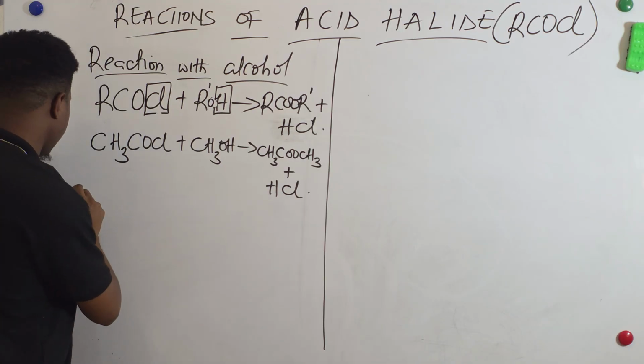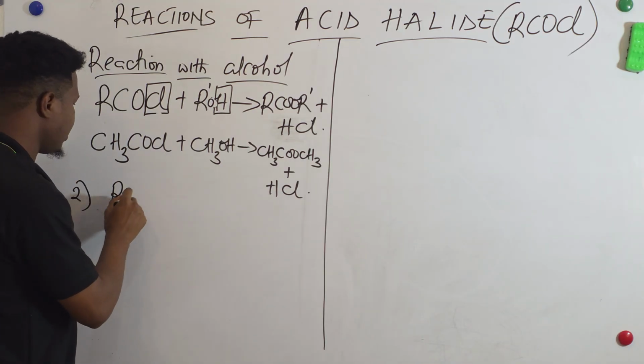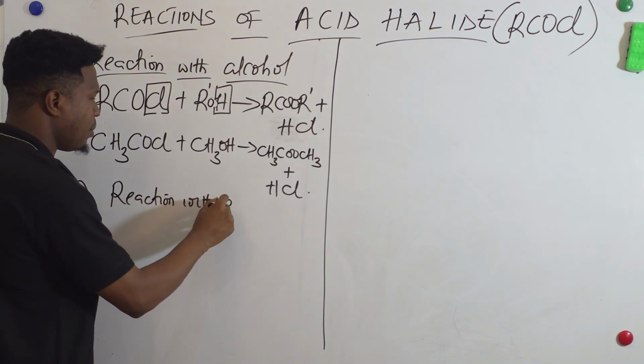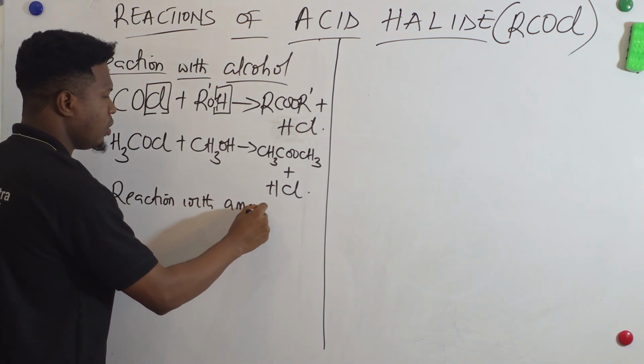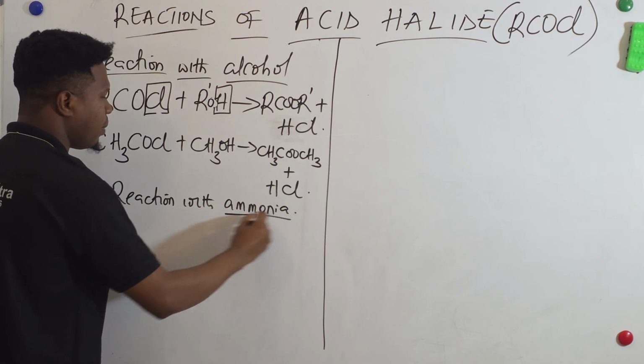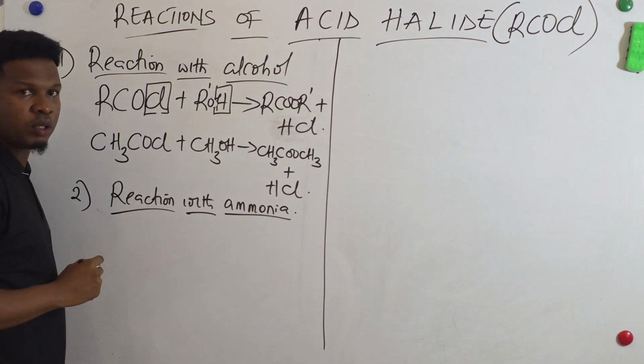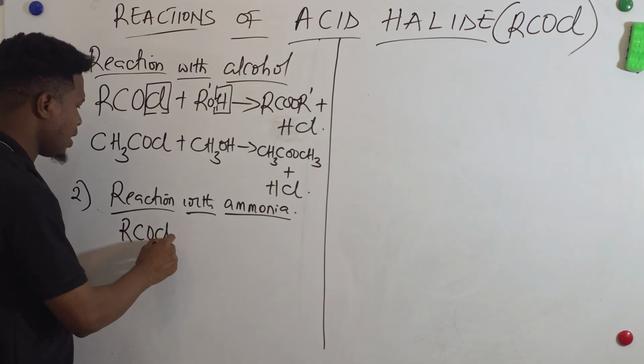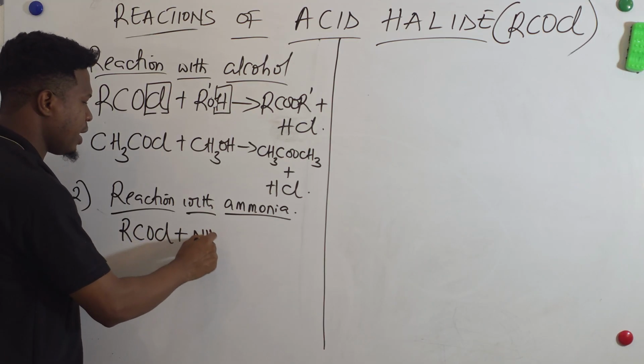So the number 2 reaction is reaction with ammonia. It's going to react with ammonia to form an amide. So in this reaction, I'm going to have RCOCl plus NH3.